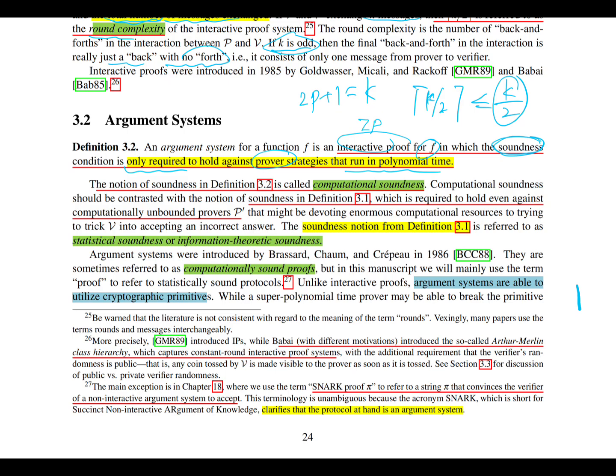It is only required to hold against the polynomial time prover. So here the soundness is called computational soundness.